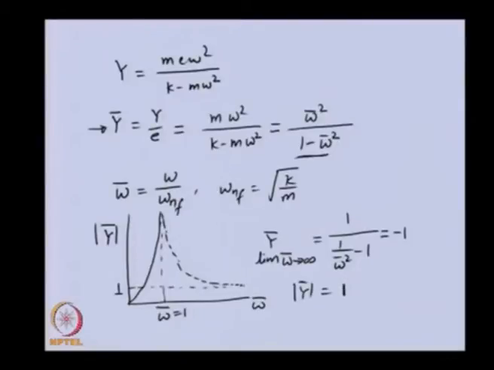Here, if we put y bar as y by E, it will give y equal to eccentricity. So, at very high speed for the single mass rotor system, the amplitude becomes equal to the eccentricity, and the sign is minus. Let us see what the meaning of this is.